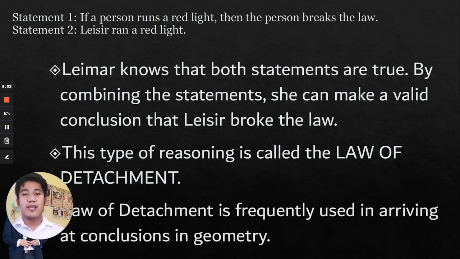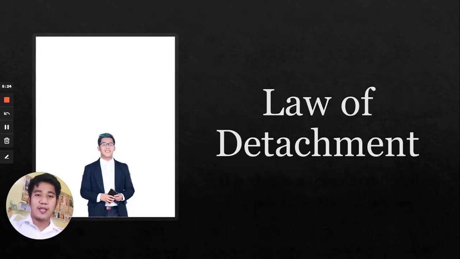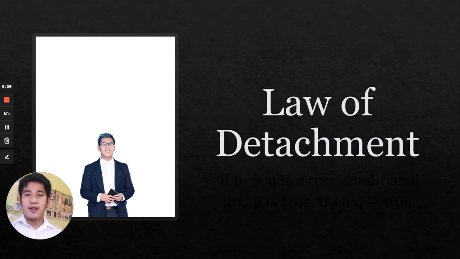Now here is another information about the law of detachment. It is frequently used in arriving at conclusions in geometry. So I'm so excited for our next quarter because our third quarter will be all about geometry. So be excited as well. Be with me. Let's continue. Now, what is the law of detachment?